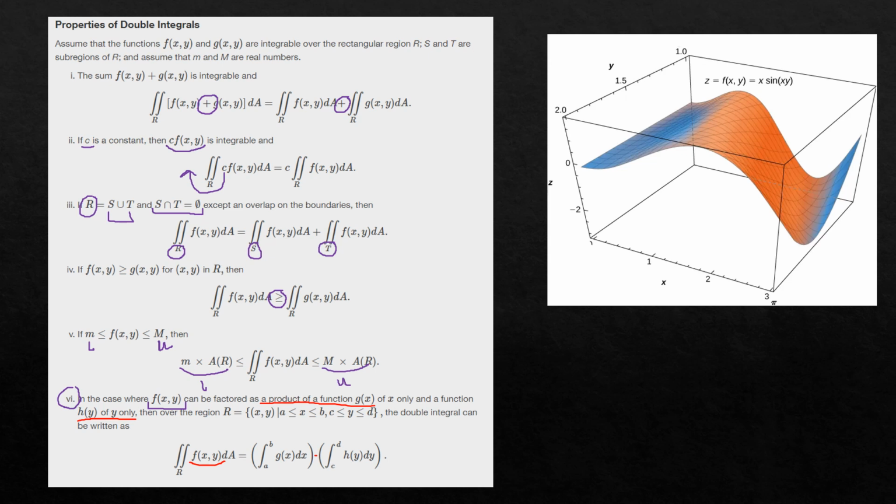Okay, but notice that the limits must follow, right? So the limits for x follow this integral right here. The limits for y follow this integral right here. Okay, so we will actually apply this rule to one of the problems in this lecture.